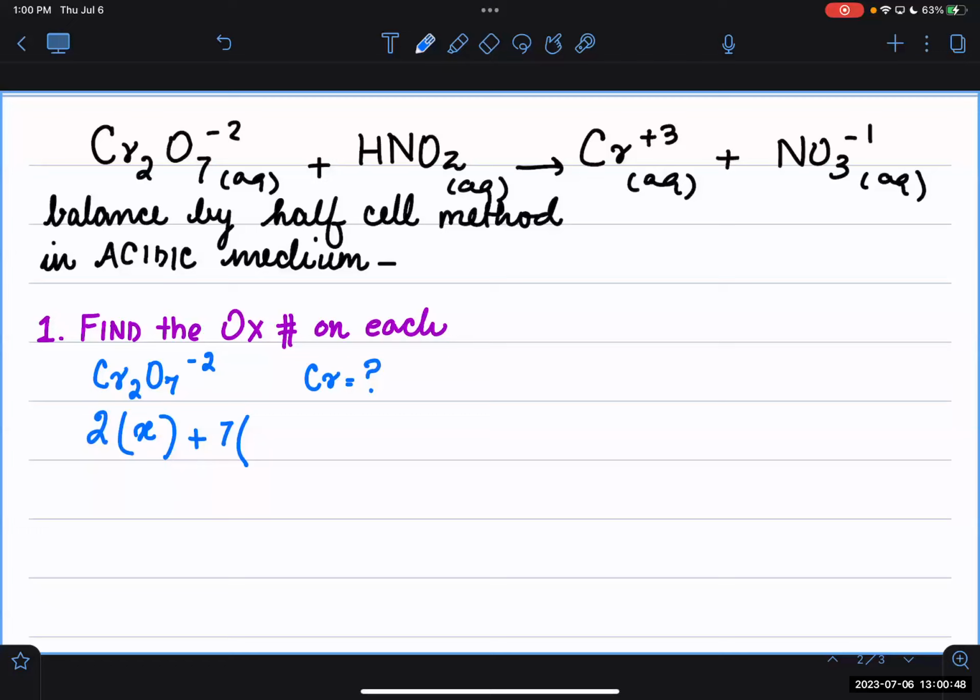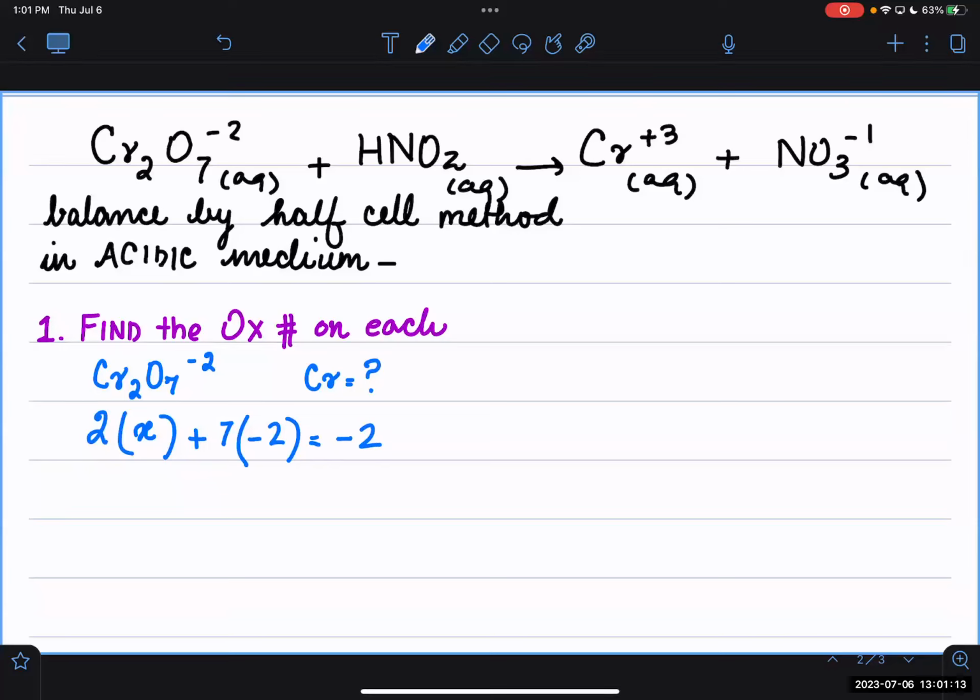What is the oxidation number of oxygen? -2. Very good. And since this is a polyatomic ion, what should be the sum total of all the oxidation numbers here? There's a charge, -2. Very good, because this is not a neutral entity.